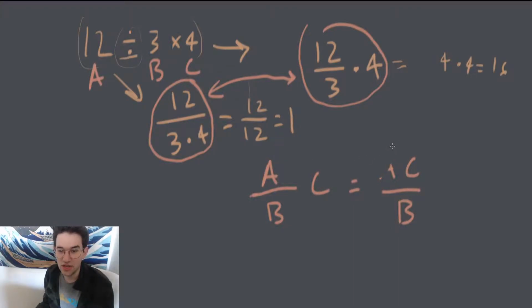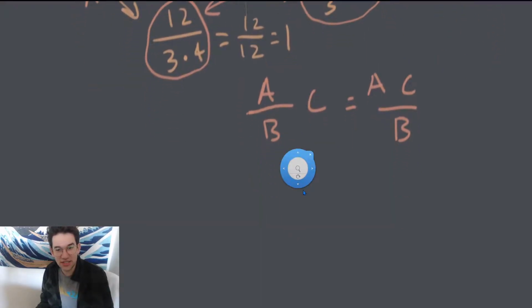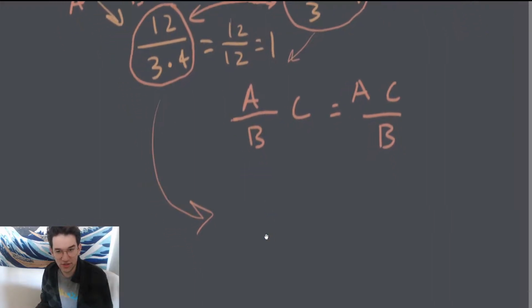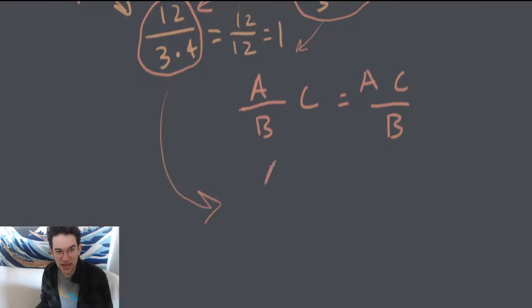So you have that in one situation, but then in the other situation, for another one, you have the alternative, which is A divided by B times C.